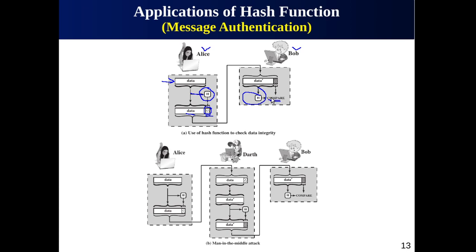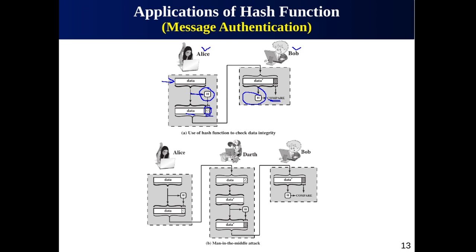If the generated hash is the same as the sent hash, then it means that the message is authentic. If there is a mismatch, the receiver will come to know that the message or maybe the hash value has been changed during transmission.